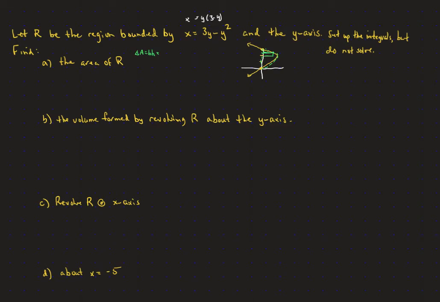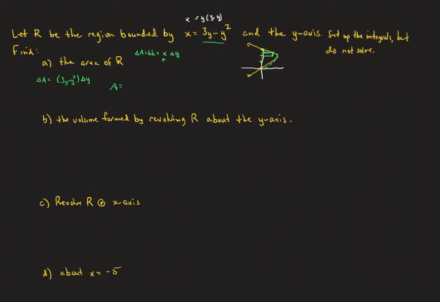So it's going to be the x-coordinate of that point. The height of our rectangle is going to be a delta y. So that means we need everything in terms of y, but that's okay. That's what we had. So our delta area is going to be the x, which is 3y minus y squared times a delta y.